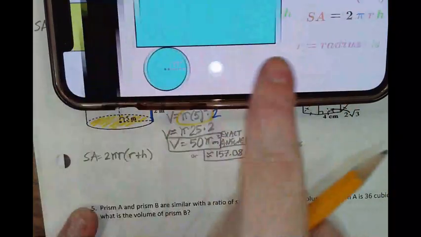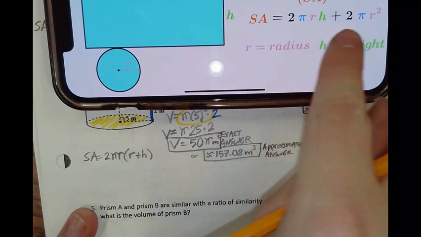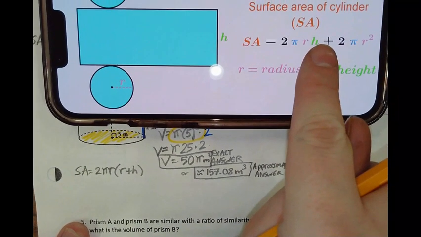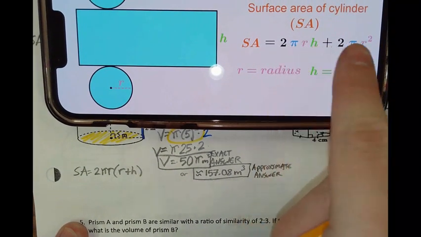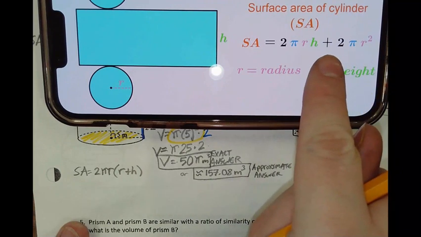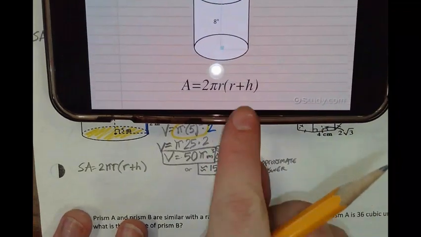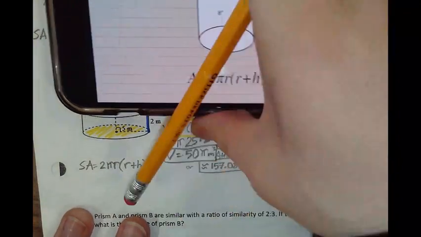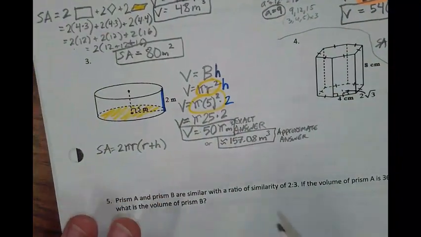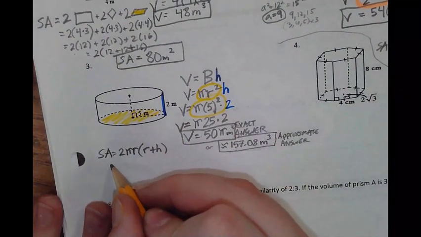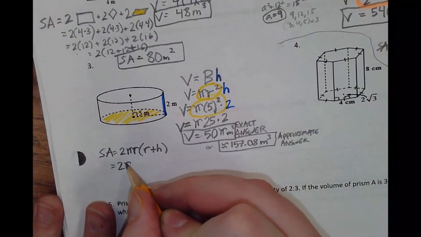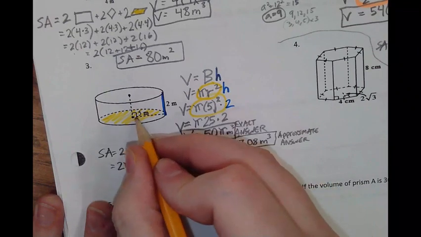That's the simplified version, where you take the common factors of 2 pi and r and factor them out of that formula. For the sake of this, we're just going to use this version of the formula because it's a lot easier to look at visually.